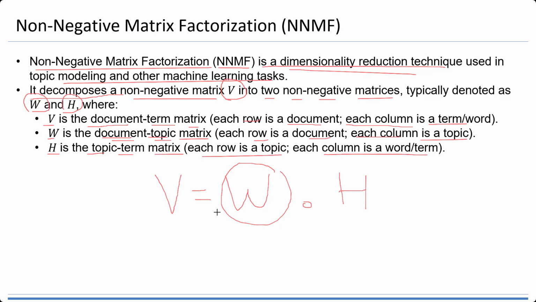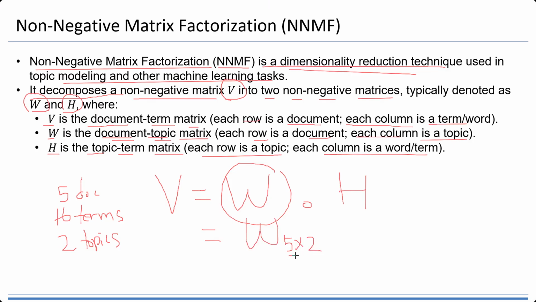Okay. So let's say we have 5 documents and we have 16 terms and we have 2 topics, then we can generate the matrix W. It is 5 multiplied by 2.